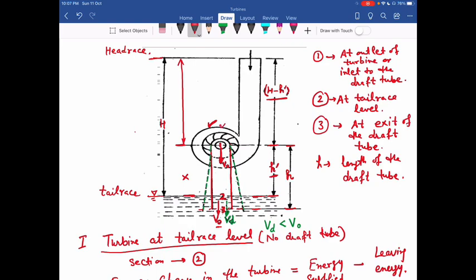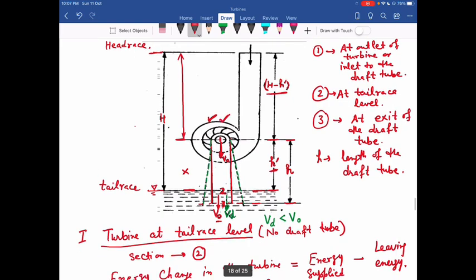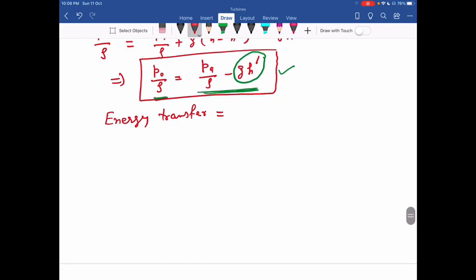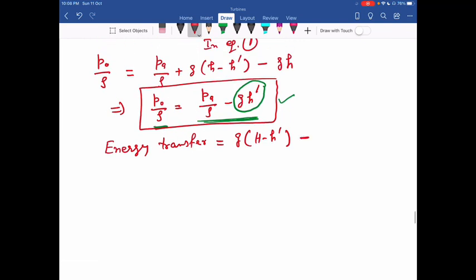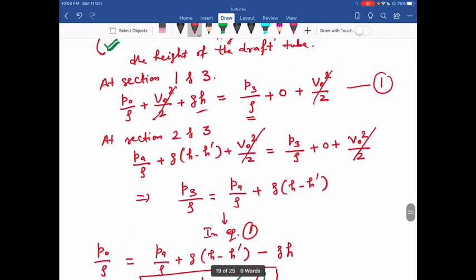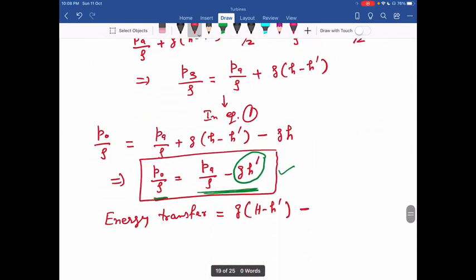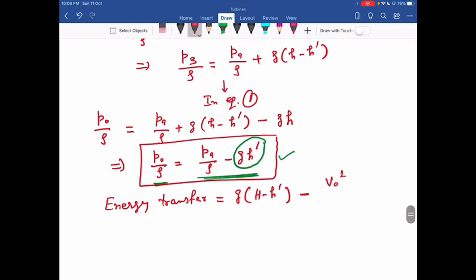So I can write it as GH minus H dash, and the total energy at the outlet is VO square divided by 2.